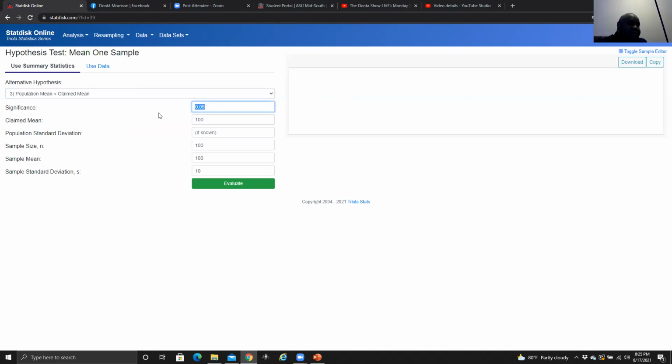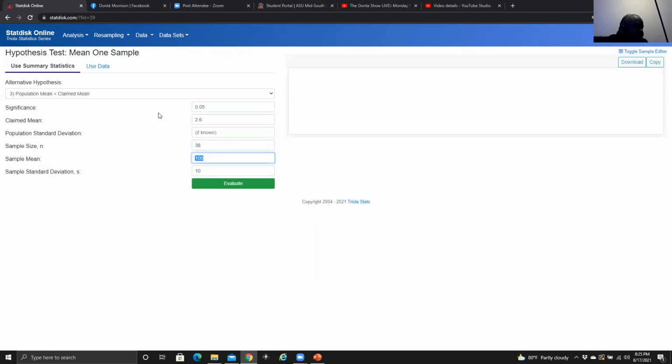It's still going to be 0.05. Now, if it was 0.01, then you have to type in 0.01, whatever significance level that they give you. Tab down to the claim mean. That's going to be 2.6. Population standard deviation is unknown.